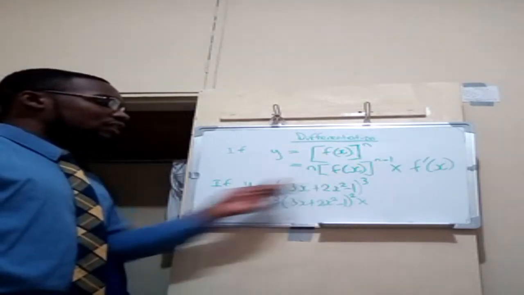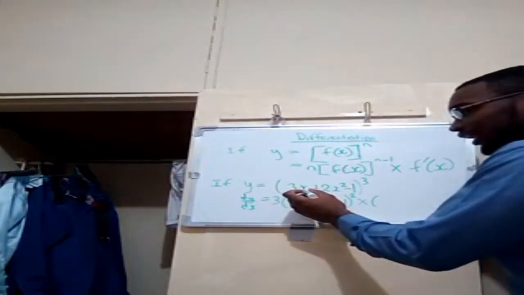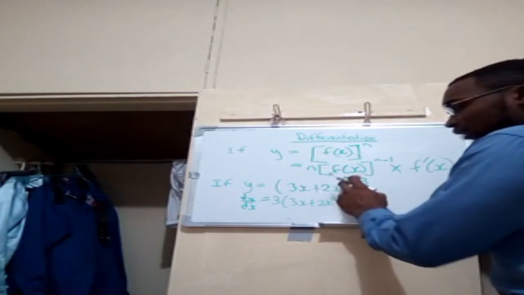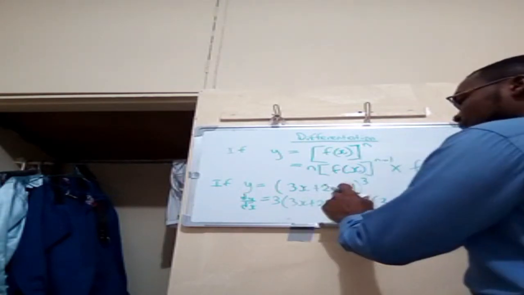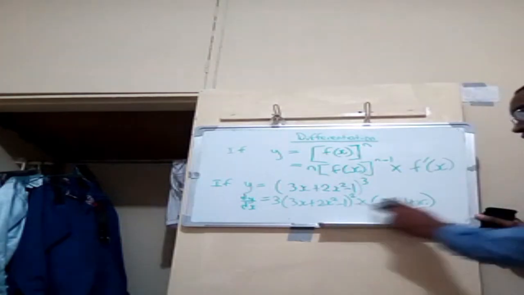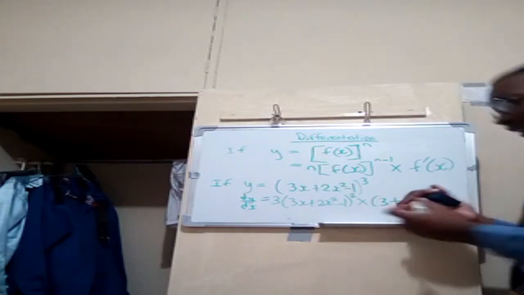The differential of what's inside this bracket is the differential of 3x, which is 3, and then the differential of 2x squared is, we bring down the power to get 4, then subtract 1 from the power to get x. And so it is times 3 plus 4x. And so that's dy by dx.